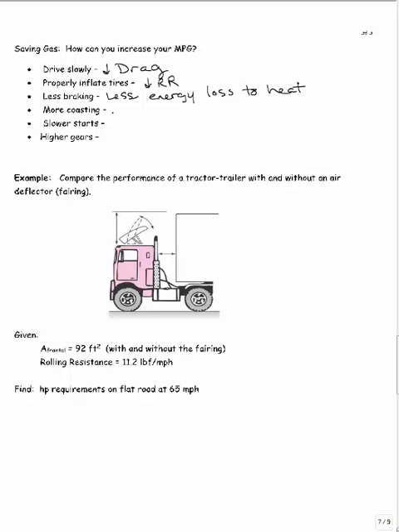More coasting is going to cause less braking. So if you come up towards a light and see it turn red ahead of you, instead of accelerating until you need to brake, you can just take your foot off the gas, save a little gas if you're trying to save a little money. Slower starts are going to give you more efficient combustion. If you slam the gas pedal down, that's no good. And higher gears are also more efficient.